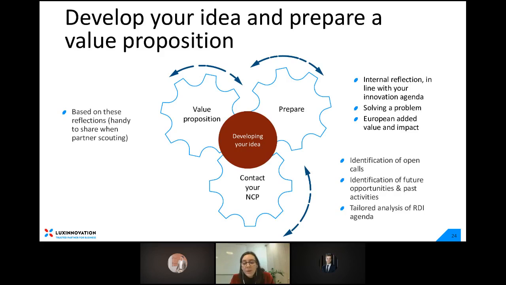If you have participated in national or European projects, put them there, with your role and the outcomes of the projects. The value proposition should be adapted to the call text you are interested in. So you should mention which one it is, but also what you can bring for this specific project, for this specific call text.